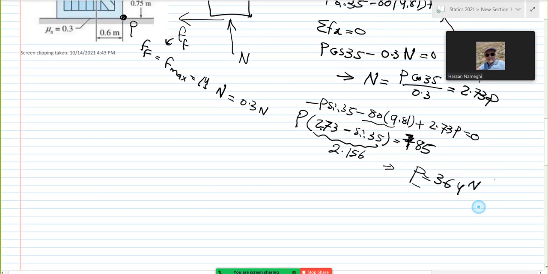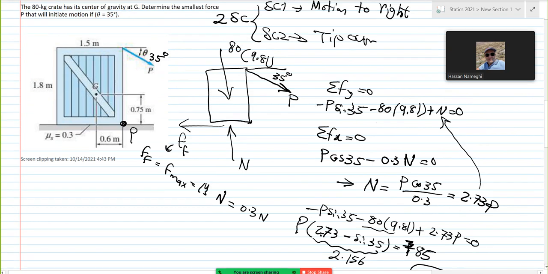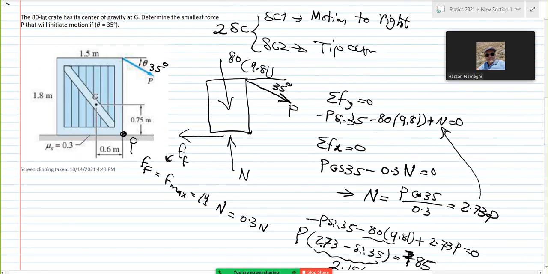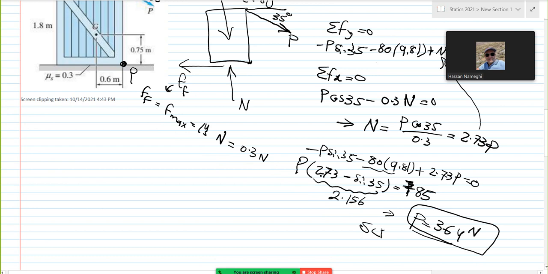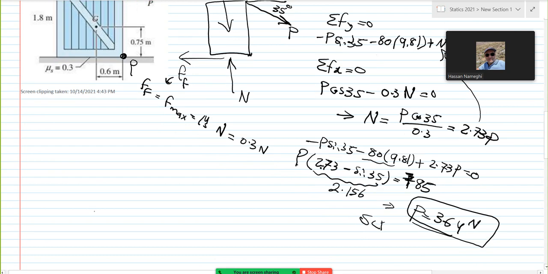This is scenario 1, right? Scenario 1 is telling me that if you apply a force of 364, this block will move to the right. So the second scenario, the scenario of tip over, I'm going to draw the diagram for tip over. Again, you do a little bit of the tip over, something like this. The tip over depends on the distances, right?